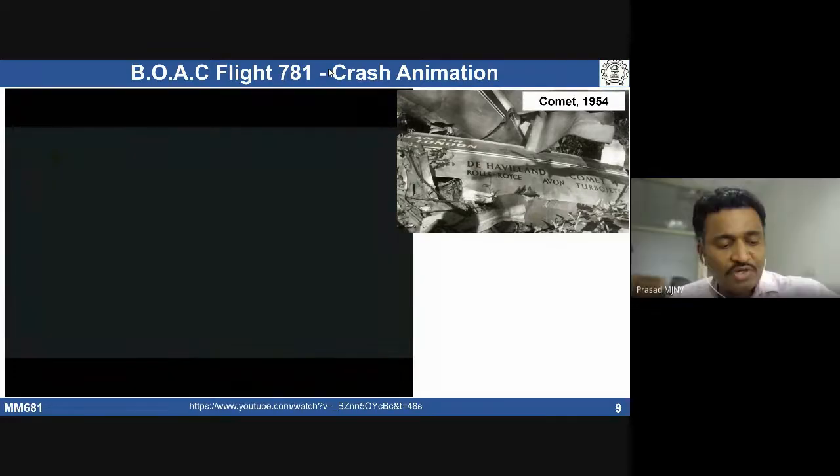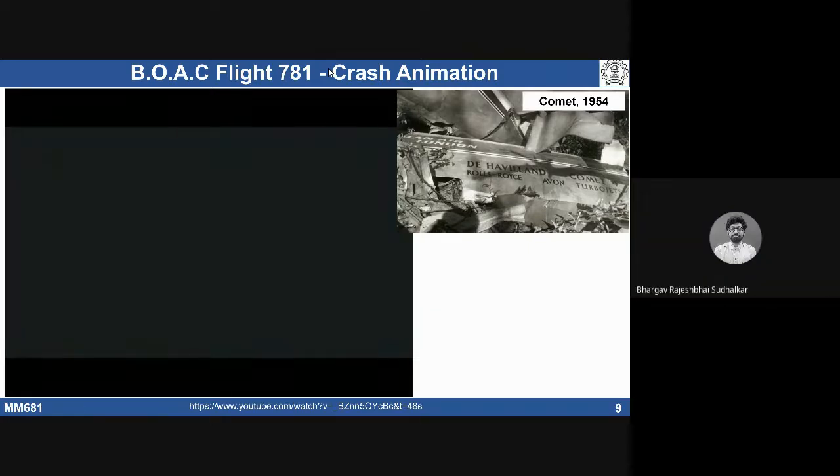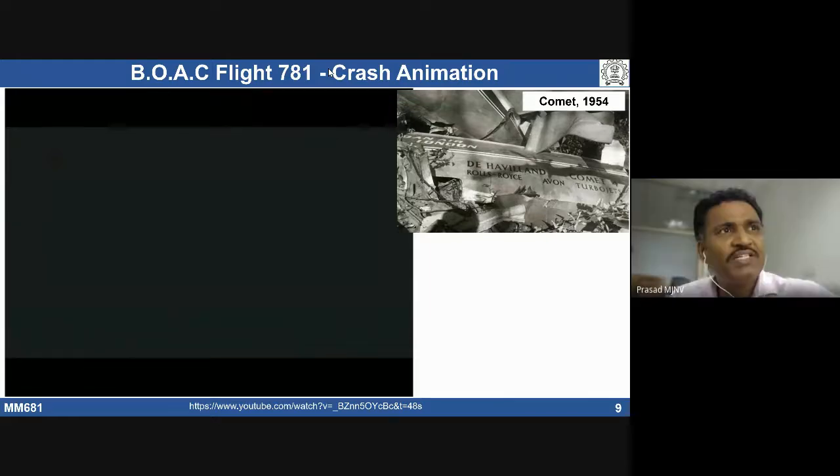But it was attributed to fatigue failure. Why was it attributed to fatigue failure? Sir, the rivets failed because of the continuous vibrations. Where is vibration here?